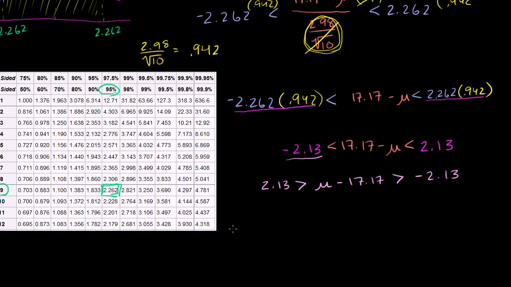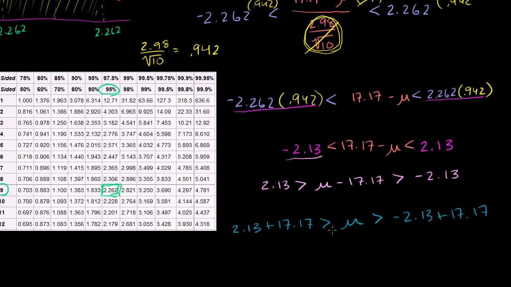And we are left with 2.13 plus 17.17 is greater than mu minus 17.17 plus 17.17, which is just mu, which is greater than negative 2.13 plus 17.17.